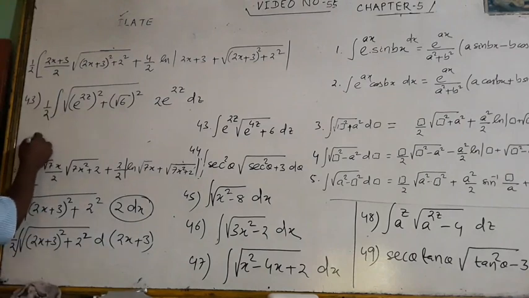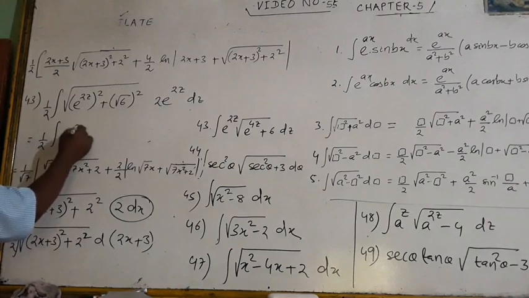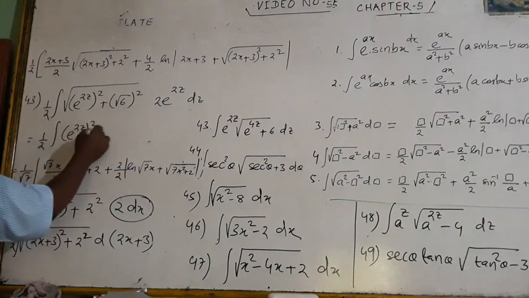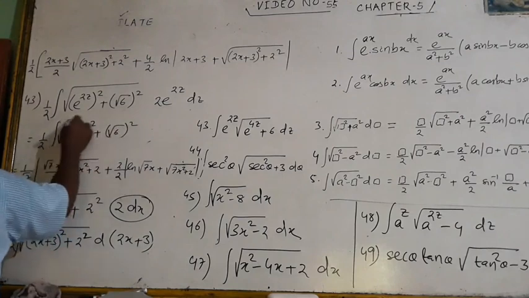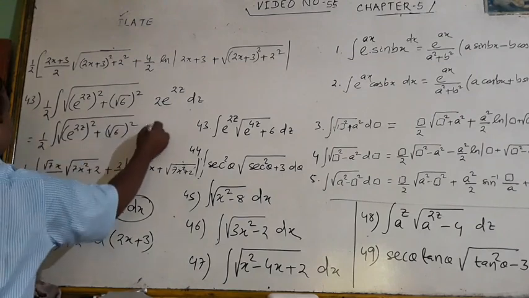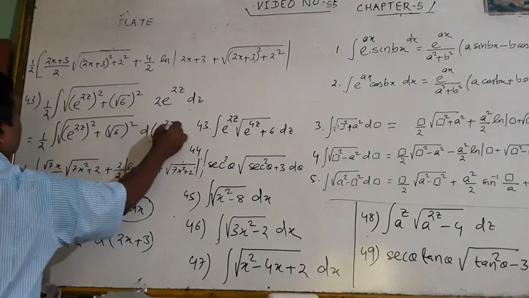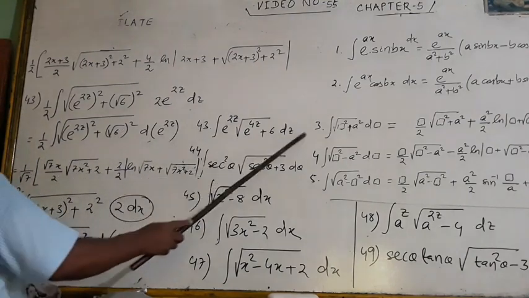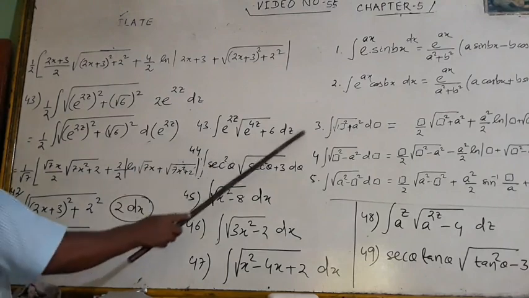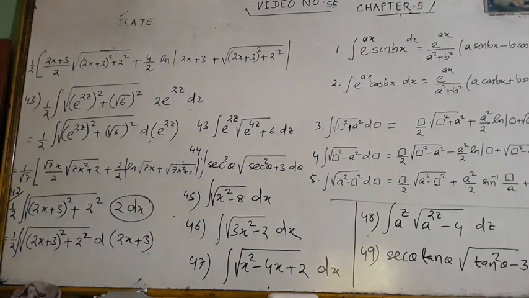You can tell me. It is 1 by 2, e to the power 2z whole square plus root 6 whole square, whole root over, and this is your derivative of e to the power 2z. Now you can do it by yourself. Number 43. You can do it by applying that formula, formula number 3. Okay.